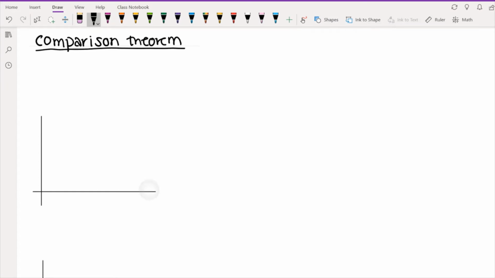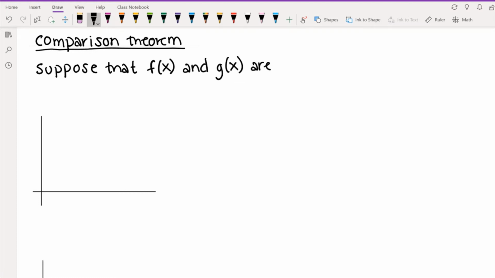Okay, so first step here is I'm going to say, suppose that f of x and g of x are continuous for x greater than or equal to a. And this isn't something we're really going to have to worry about.